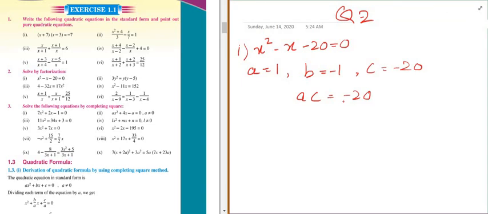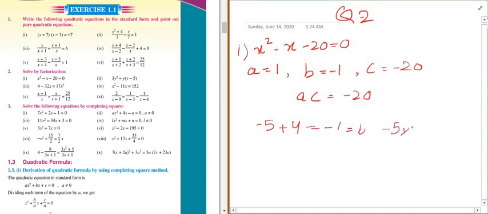If you take minus 5 plus 4, then minus 5 plus 4 equals minus 1, which is b, and minus 5 multiplied by 4 equals minus 20. So we can write the quadratic equation as x square minus 5x plus 4x minus 20 equals 0.